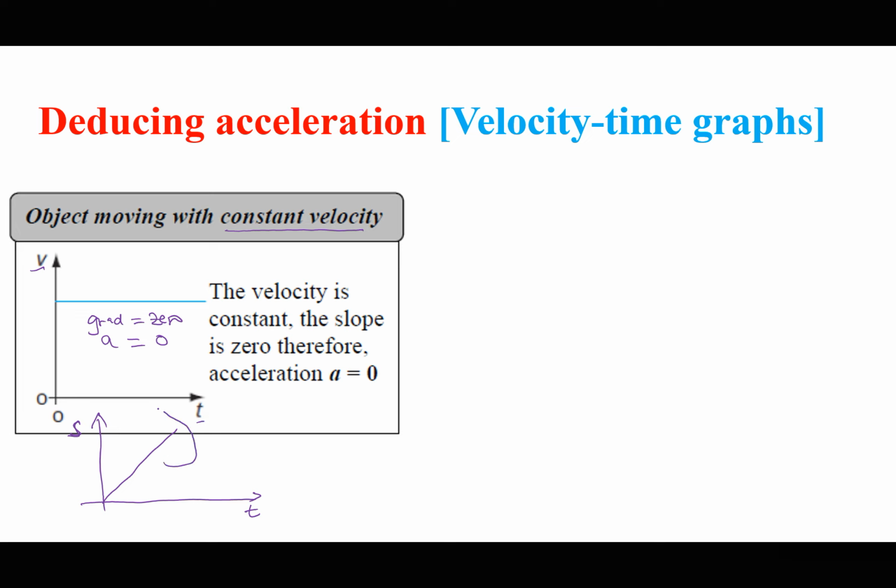If I deduce a graph of velocity against time from a graph of displacement against time, it should give me a horizontal line. So from the displacement time graph, we can obtain velocity. This line here has a constant gradient, so if I plot a graph of velocity against time using the information from the graph of displacement against time, I should get a graph of that nature.